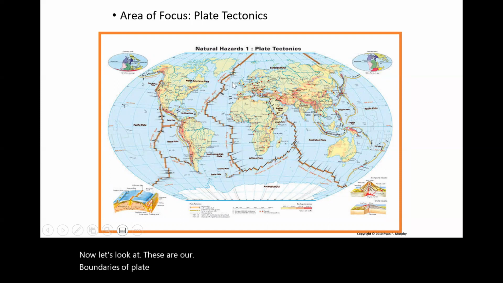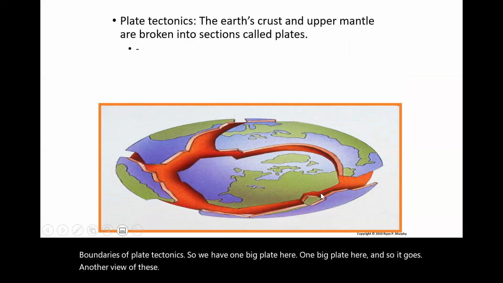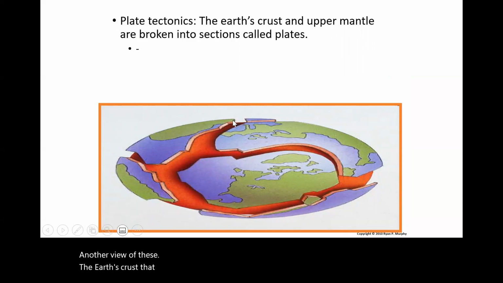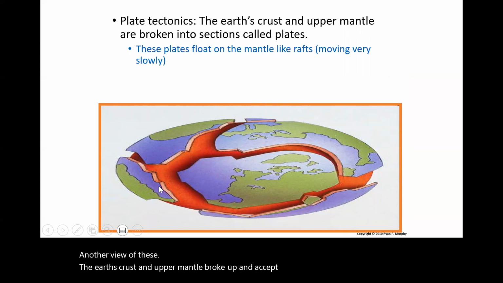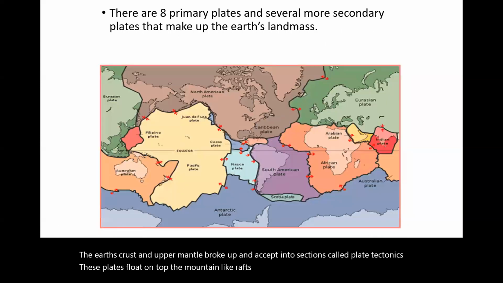So we have one big plate here, one big plate here, and so it goes. Another view of these. The Earth's crust and upper mantle broke up into sections called tectonic plates. These plates float on top of the mantle like rafts, moving very slowly.